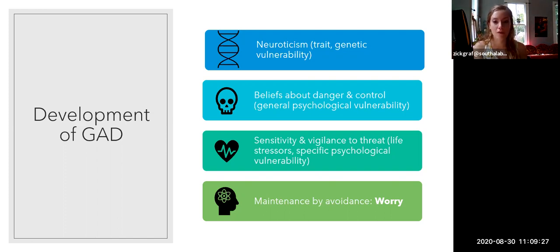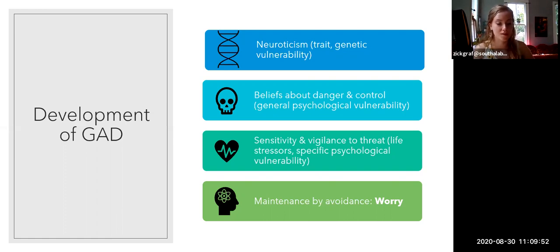So we talked about how chronic uncontrollable stress can sensitize someone's HPA axis. It can make your brain more likely to cause the cascade that results in the fight or flight response. And it can also inhibit the feedback mechanisms that cause that cascade to stop. So chronic stress can exacerbate a biological vulnerability, and it can also help to confirm negative beliefs about the world.